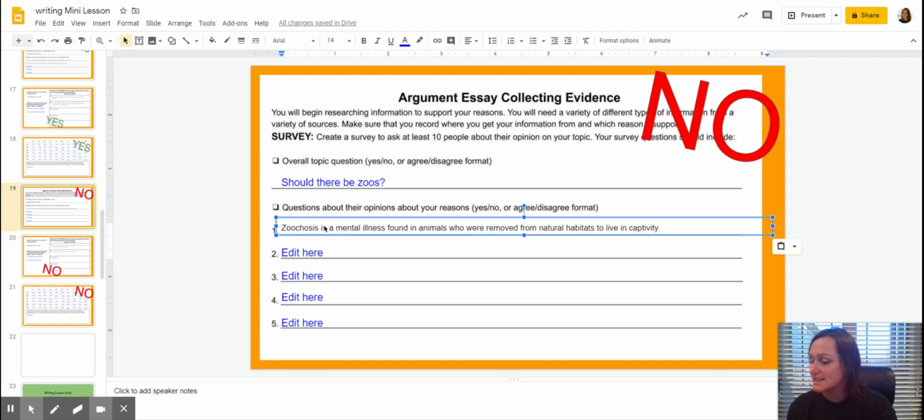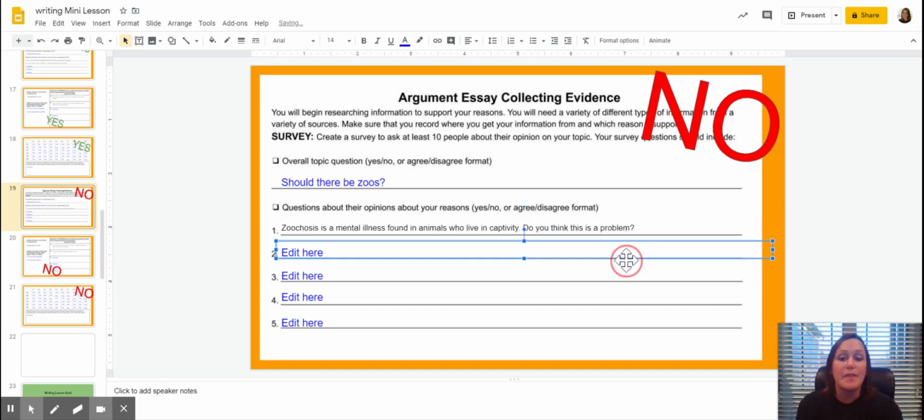Here I'm going to say, zoochosis is a mental illness found in animals who live in captivity. Do you think this is a problem? That's an example of taking a statement and turning it into a question. The response that I'm going to get from those who I survey is going to be a yes or a no.